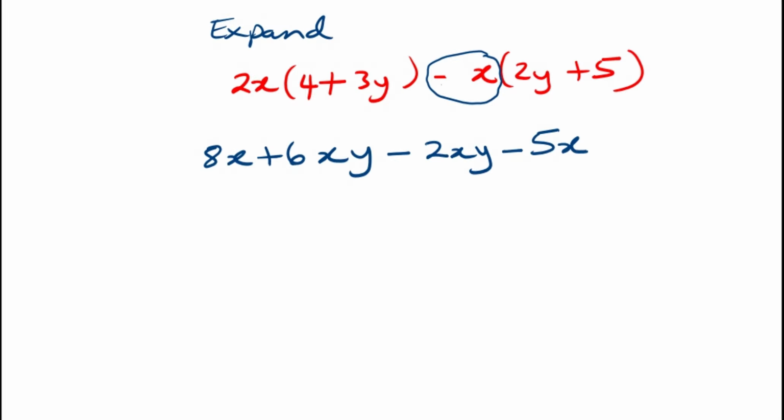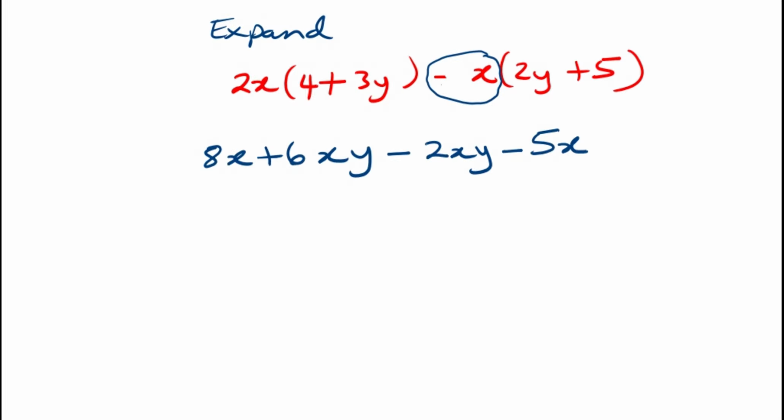Why? Because there are many like terms in this expression, and the expectation is that we will reorganize it, simplify all the arithmetic, simplify all the like terms, group them together, and then we can have a more simplified expression. So let's carry on with that.